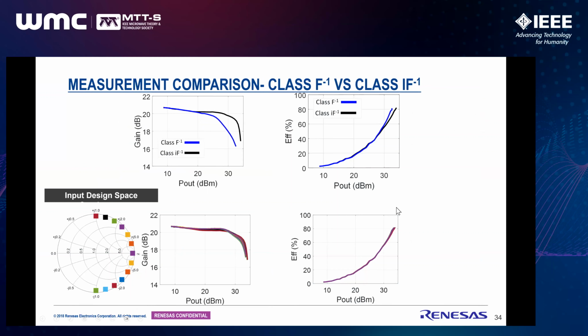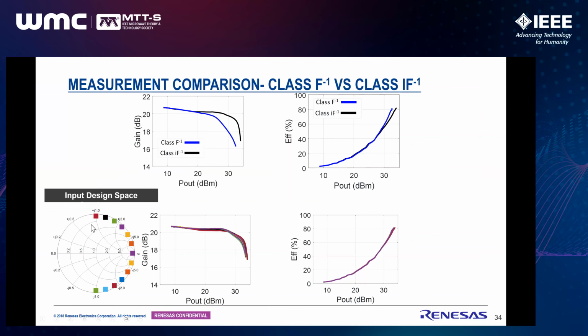And here is one quick measurement comparison. We can see that while inverse class F shows gain compression from a very early power level, class F-inverse can maintain flat gain up to the P set, or at least up to P1 dB.